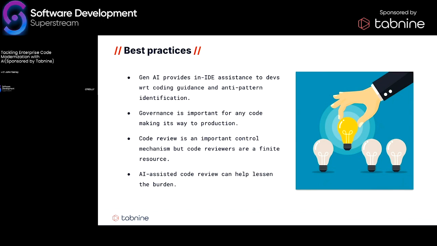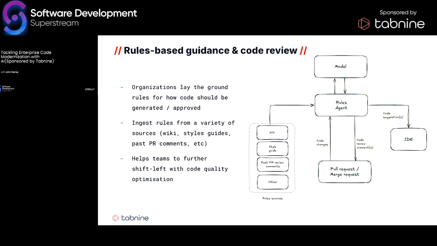And one way that we can do that is through AI assisted code review. The idea here is we're going to provide a bunch of rules that we've created to the GenAI tool, and it's going to use them at inference time to provide code suggestions to the user in the IDE that are in keeping with our organizational standards and those rules.